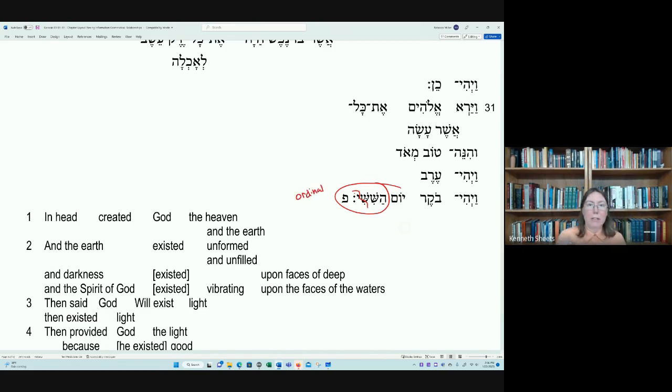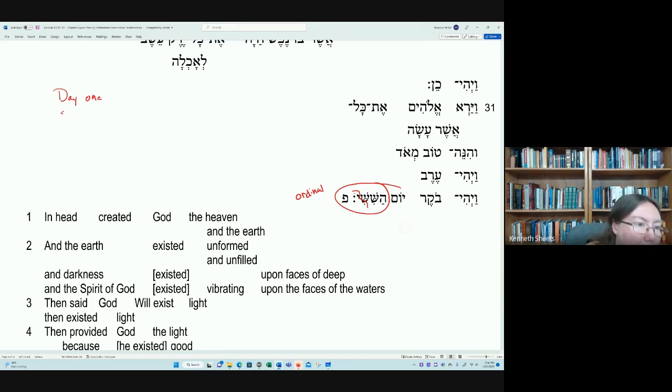So, in other words, what we had in this particular instance, verses 1 through 5, are said by God to be day 1.